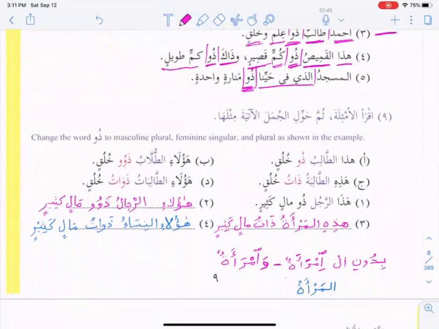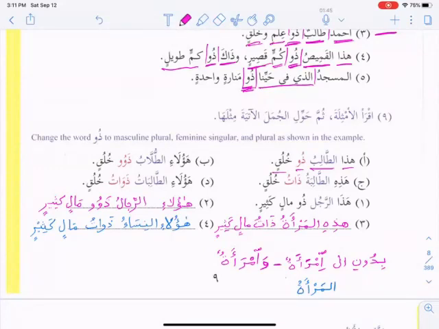Haza tullabu zu khulikin. Now this zu, haza is mubtada, badal, khabar, khulukin mudaf ilayhi. Zu is khabar, but huwa mudaf, mudaf ilayhi. This student is well mannered, has good manners.